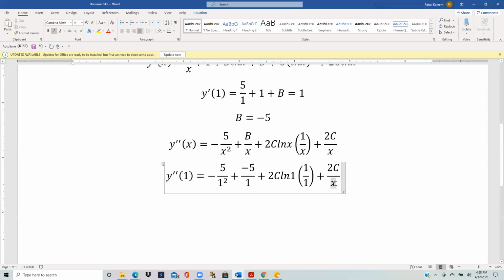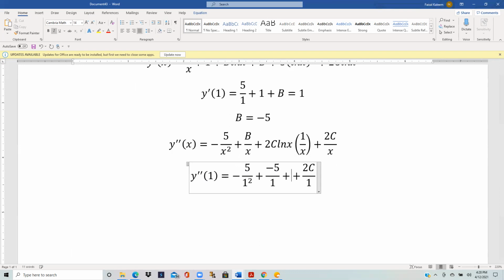And wherever we have ln 1, that's equal to 0. So we can even zero out this term. ln 1s will make the whole term 0. And now that is equal to y double prime 1 was 0.